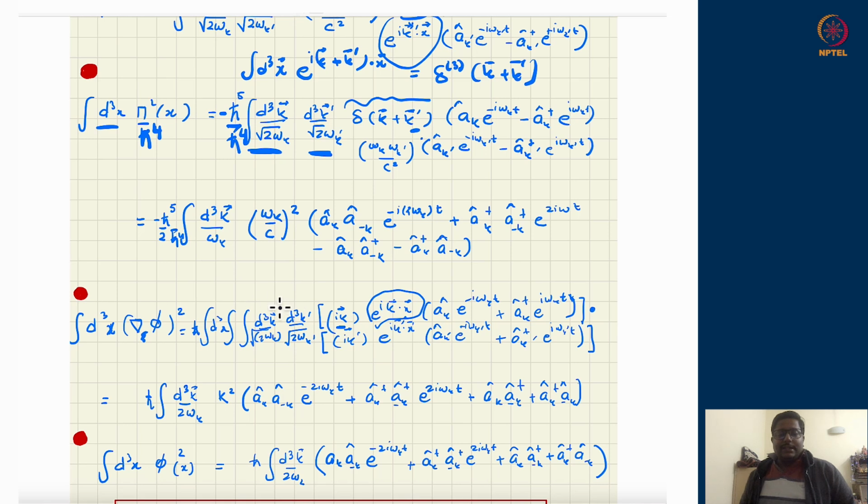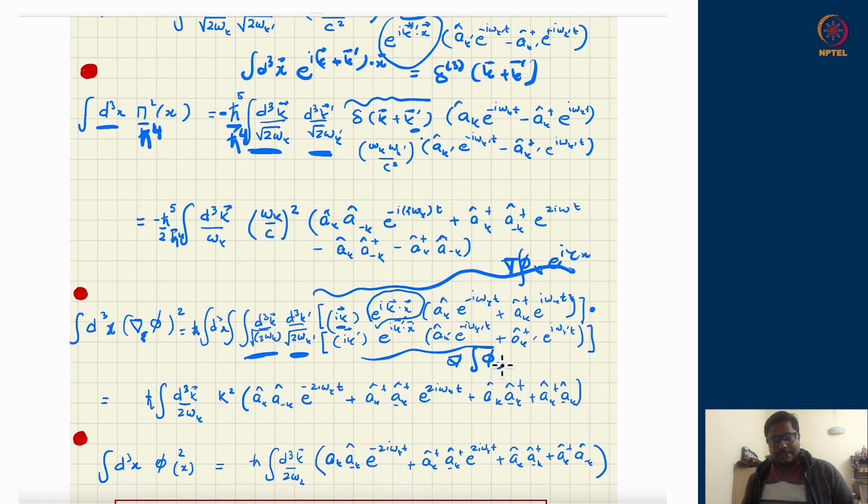That means I will write the integrals twice. So here with a k, here with the k primed, this is the gradient of phi. This is the gradient of phi again, meaning this is the gradient of phi k e to the power I kx integral, and the second thing is the integration of phi k primed e to the power I k primed x.